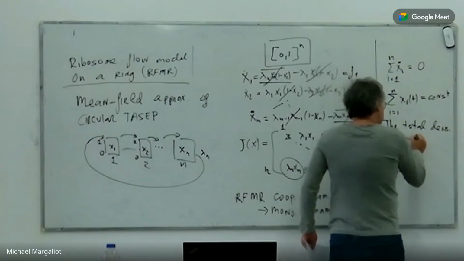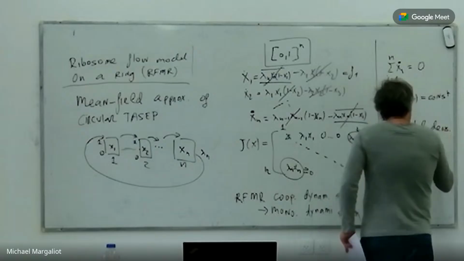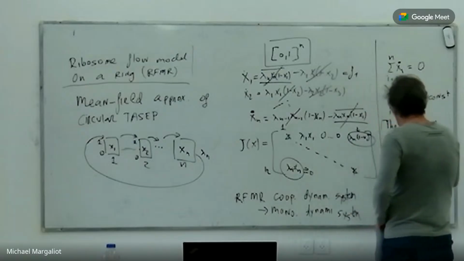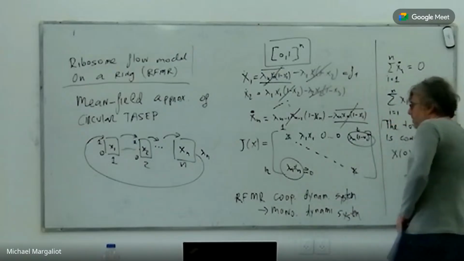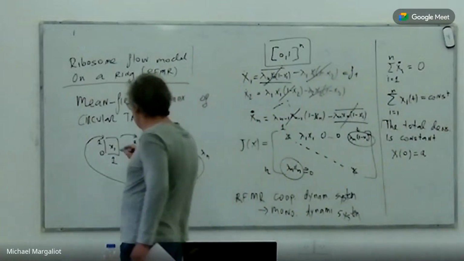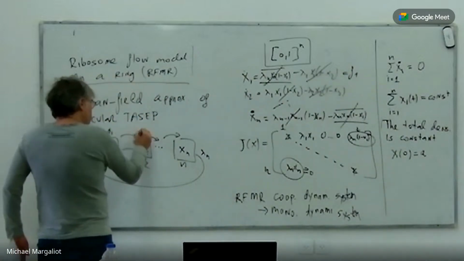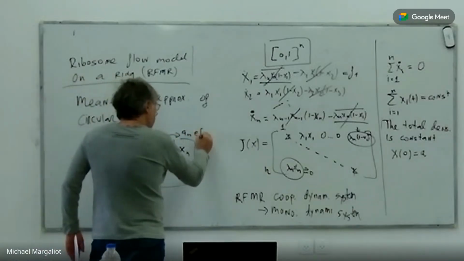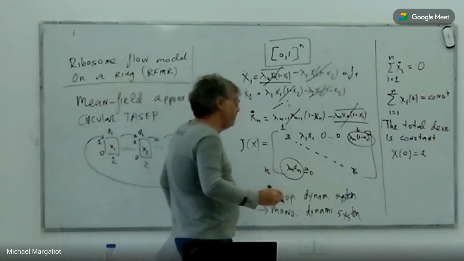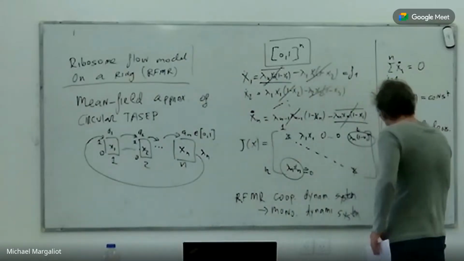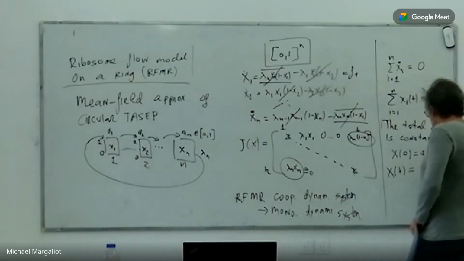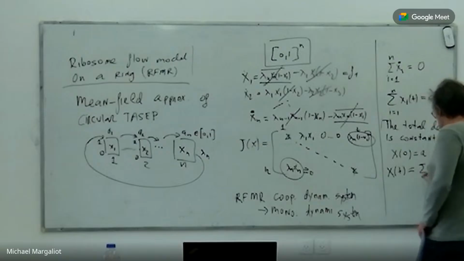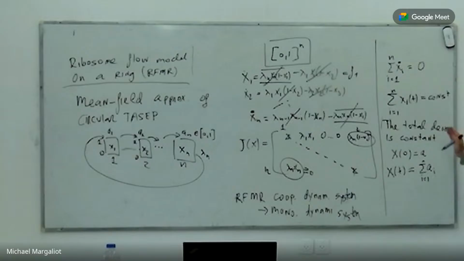is constant. And what this means is that if you take some initial condition A, so you start here with density A1, and here with density A2, and so on, and all the Ai are of course in [0,1], then when you look at the total density at time t, it is always equal to the total density at the initial condition because the total density does not change.